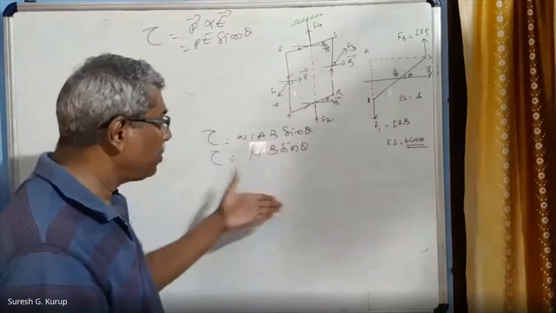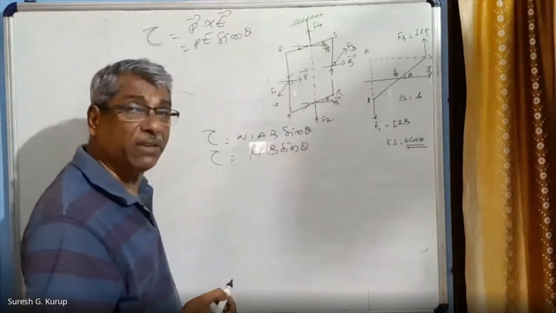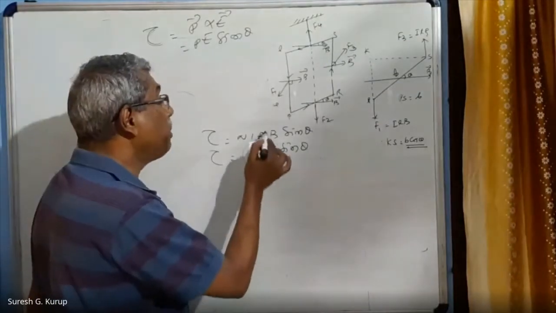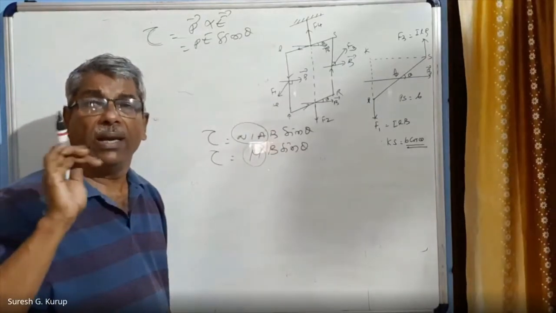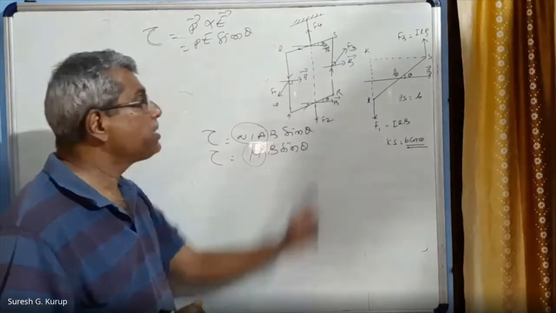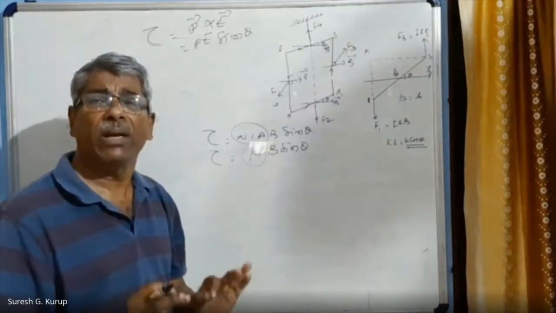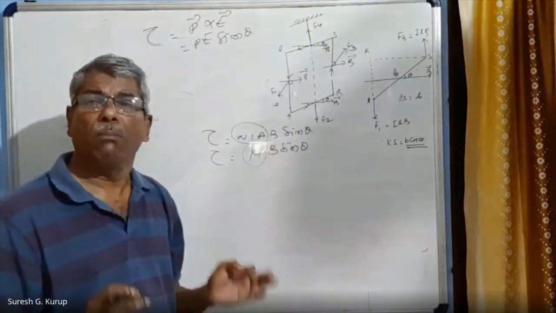So when we compare these two equations, we can say that sin theta and sin theta are matching. B and B are also matching. Therefore, M must match with NIA. That means the current carrying loop when placed in a magnetic field is just similar to a dipole magnet. A dipole magnet must have a dipole moment.